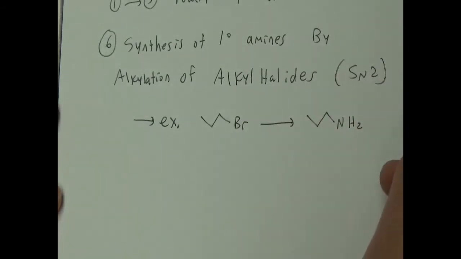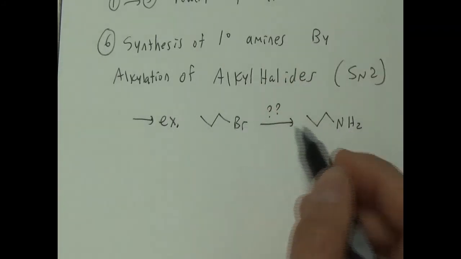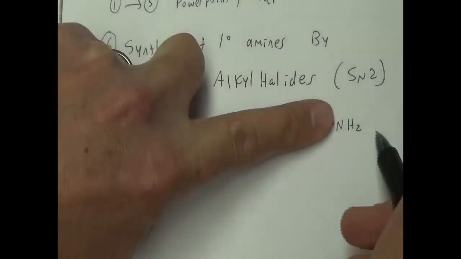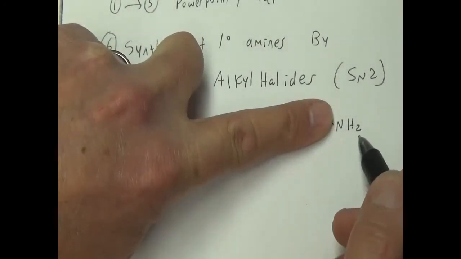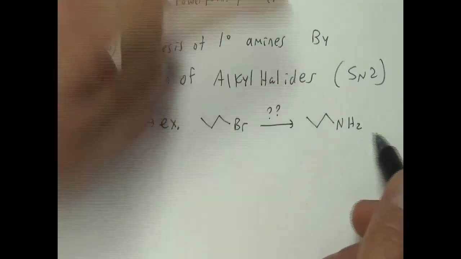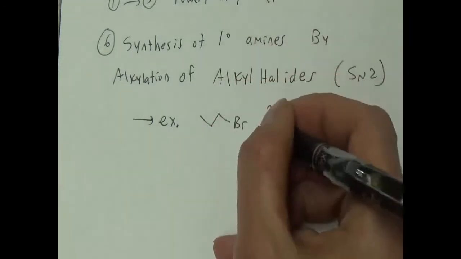That seems really easy. You just have a good leaving group, you just have to throw in the right nucleophile. Maybe you could use nitrogen, maybe NH3, because we know that's a good nucleophile, and it eventually would turn into NH2. Seems like a great way to do this, right? It seems so easy.